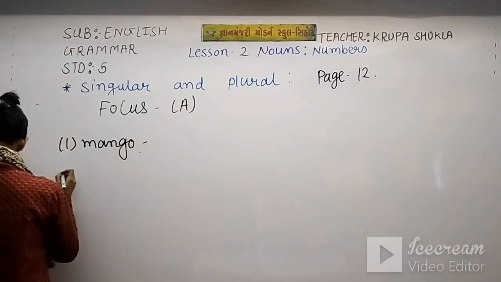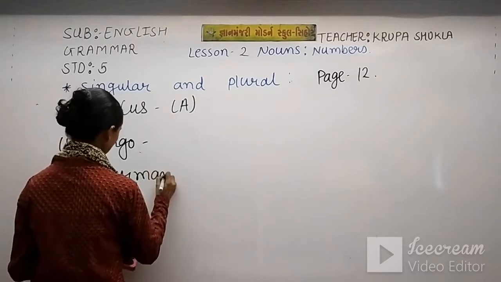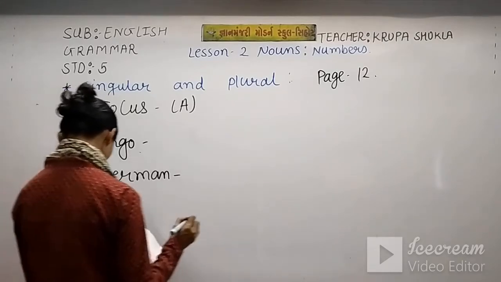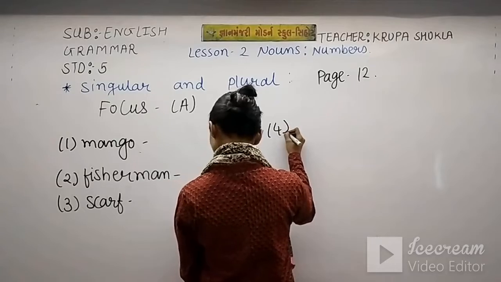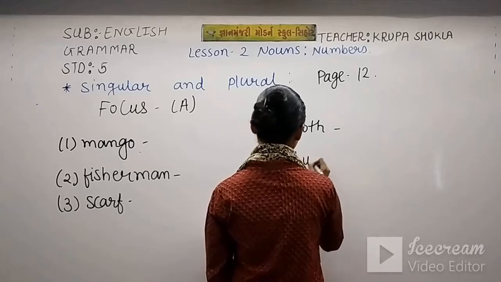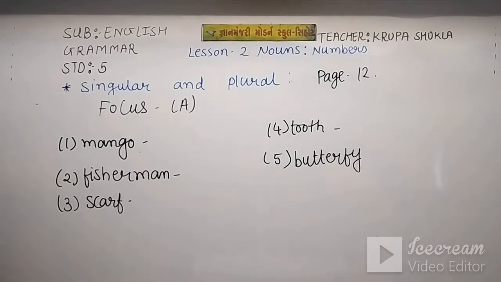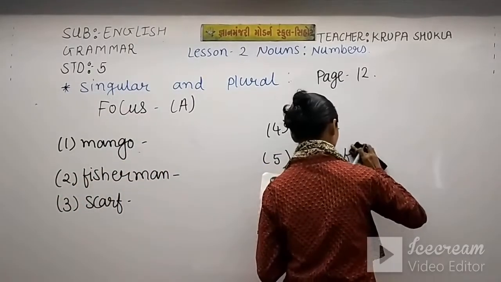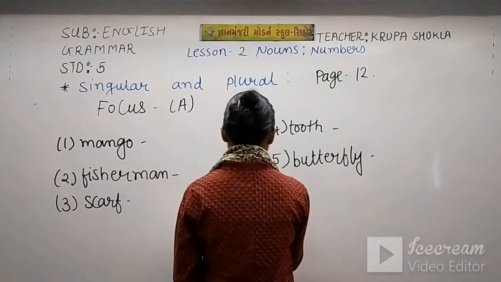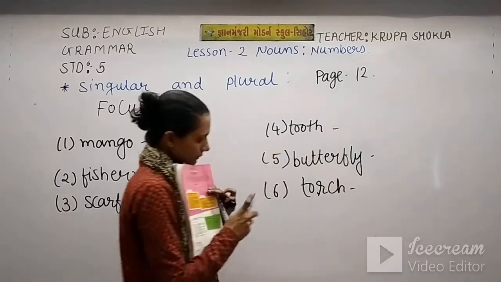One is mango, second is fisherman, third is scarf, fourth is tooth, number 5 is butterfly, number 6 is torch.